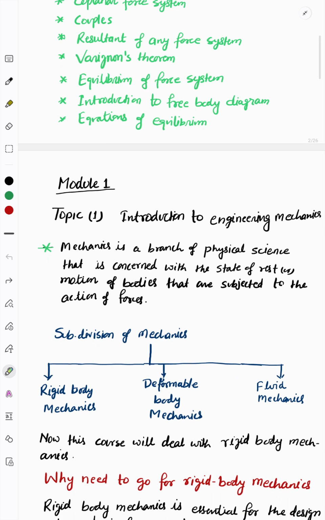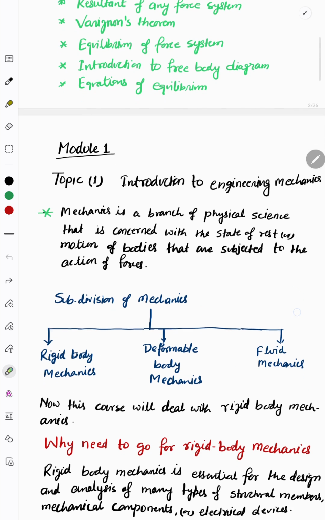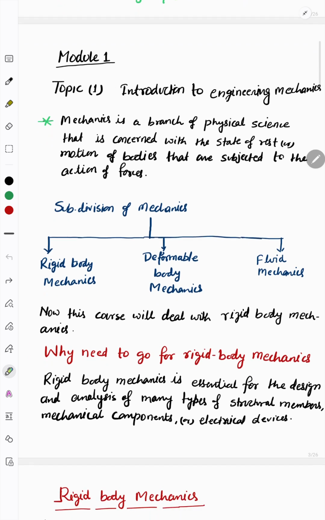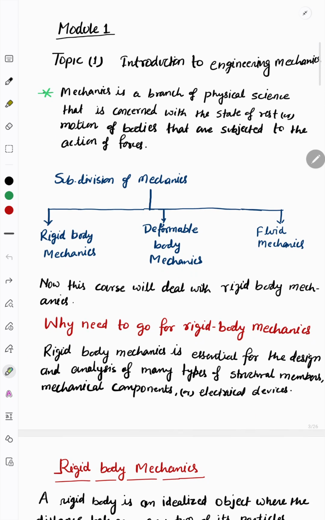Here first we will categorize mechanics: rigid body mechanics, deformable body mechanics and fluid mechanics, but we are going to be concerned only with rigid body mechanics. First we discuss why it is needed, because many types of structural members, mechanical components and electrical devices are what we are going to analyze and design.